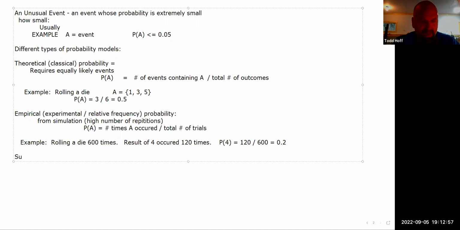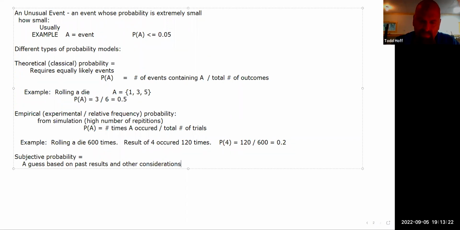And finally, we have subjective probability. Now, a lot of textbooks call subjective probability an educated guess. That's not totally true. It's a guess based on past results, history, and other considerations or other factors. So basically, most anything that involves like human activity, it really is a subjective probability.